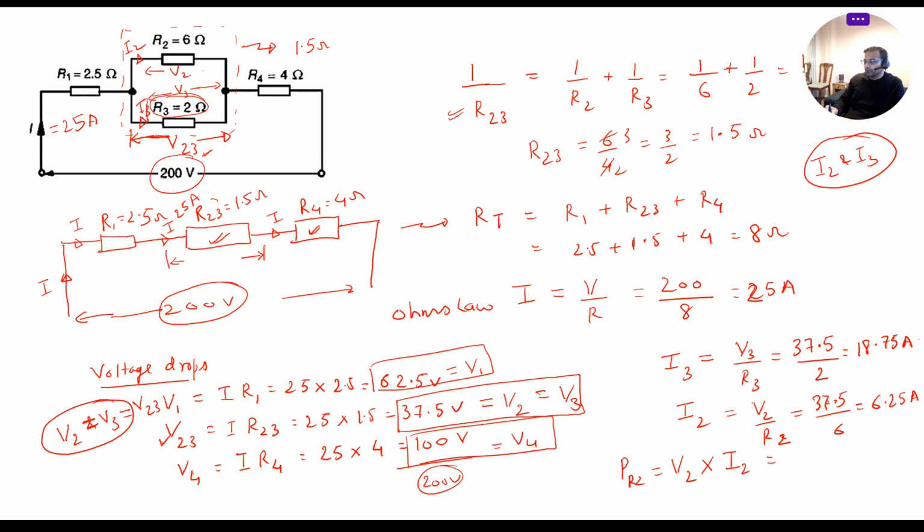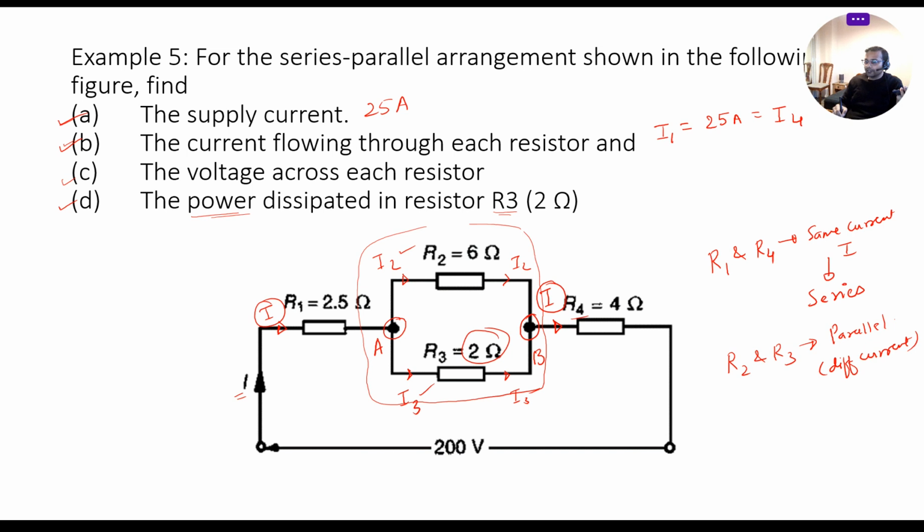So V2 is 37.5 multiplied by the current, 6.25. 37.5 multiplied by 6.25 is approximately 234.4 watts. So this is the power across R2. You have to calculate across R3.